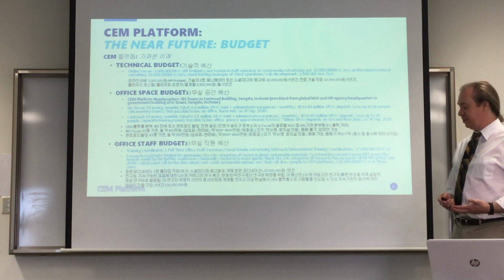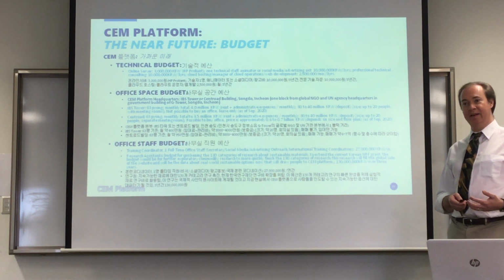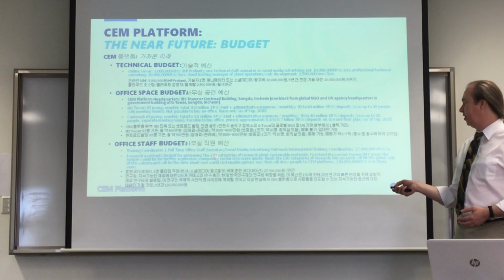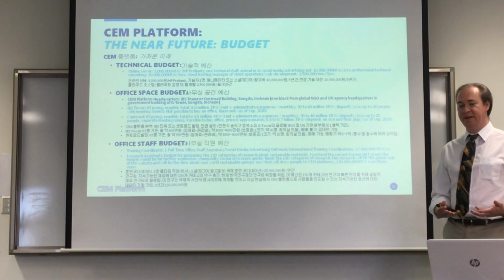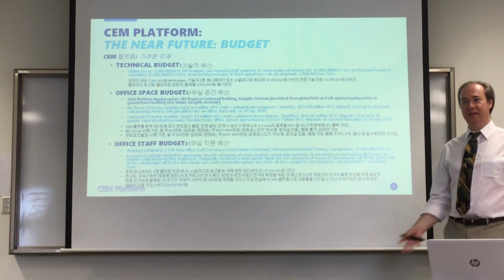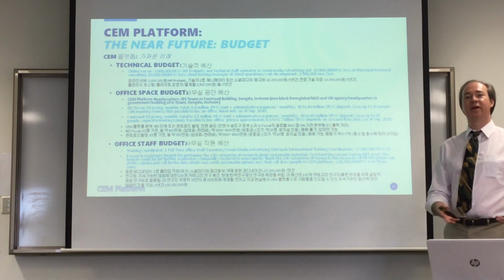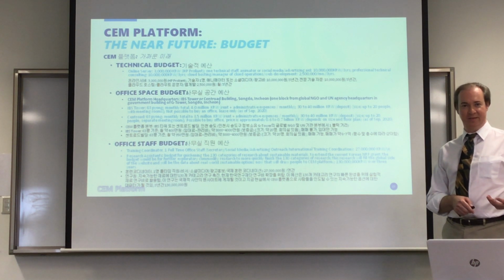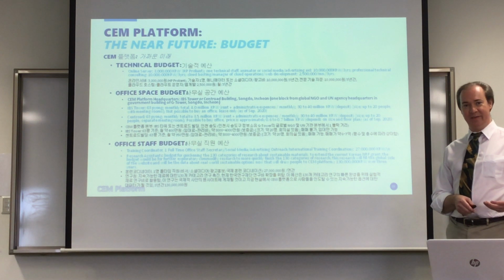Also, ideally, the research assistance budget will be added into this office staff budget for quickening of the 130 categories of research about sustainable materials. This is ideally going to be done in a crowdsourced way when the platform is fully operational. By the end of a few years, 130 categories will be complete in the budget that I've received from the Korean National Research Foundation.